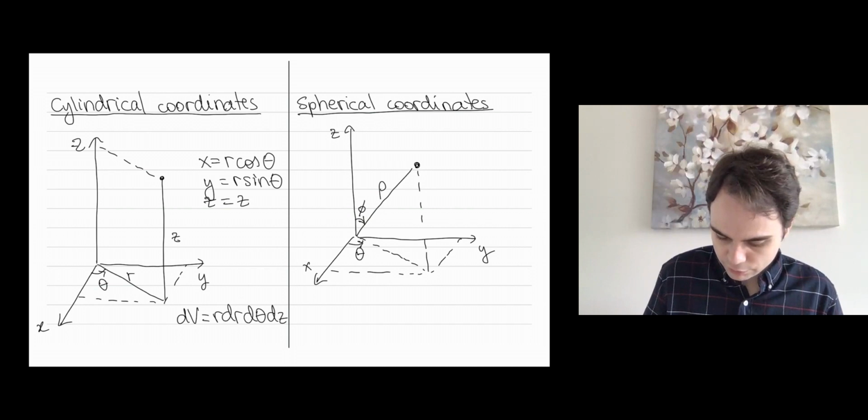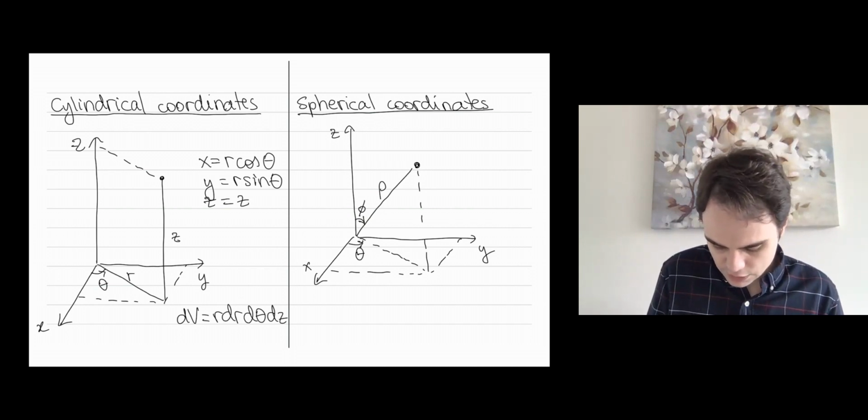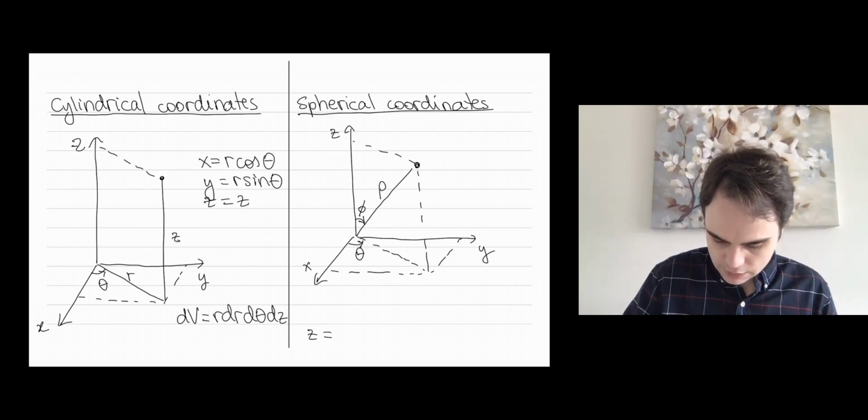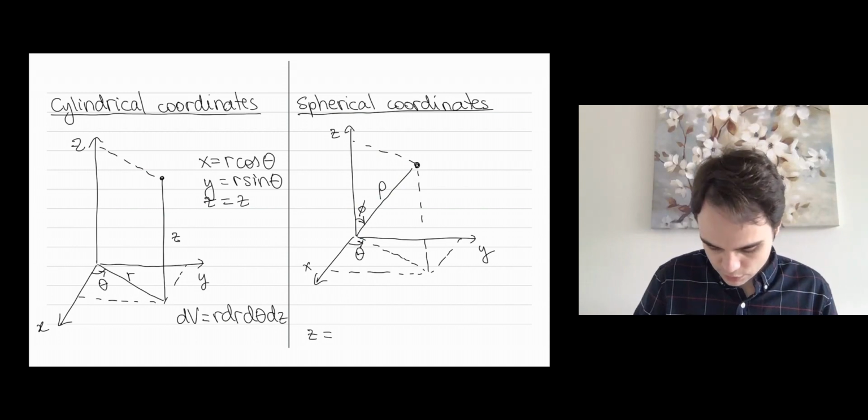Now to remember our formulas for the coordinates, the easy one is z. So z is just rho times cosine phi. And then we have x and y.